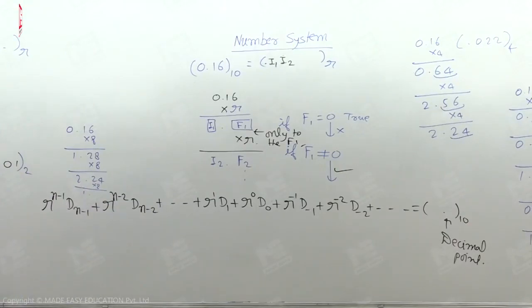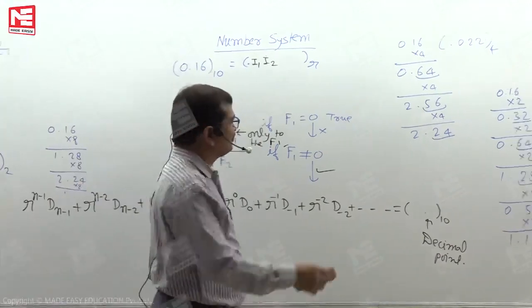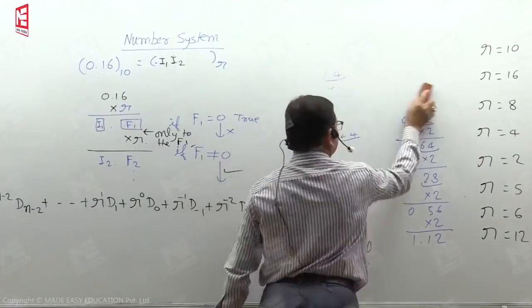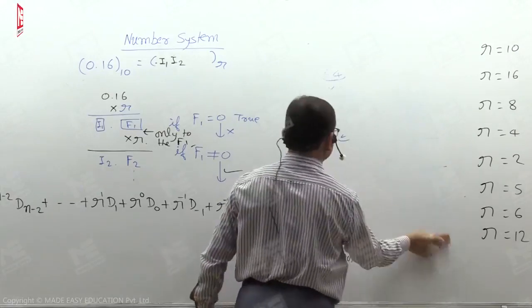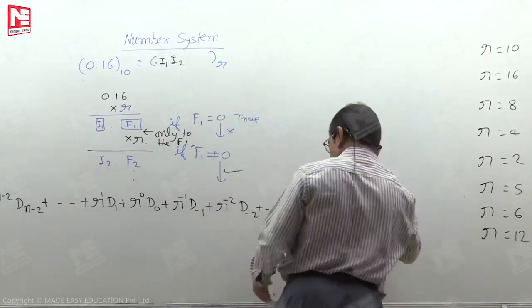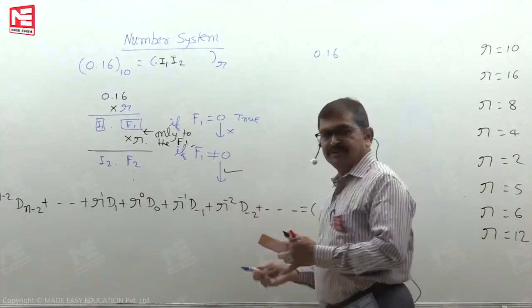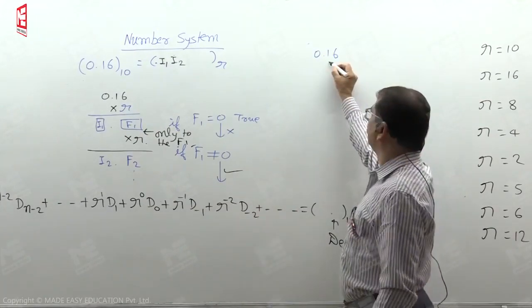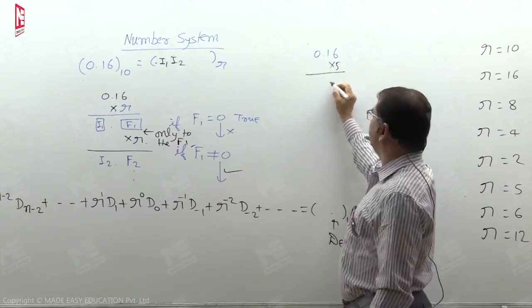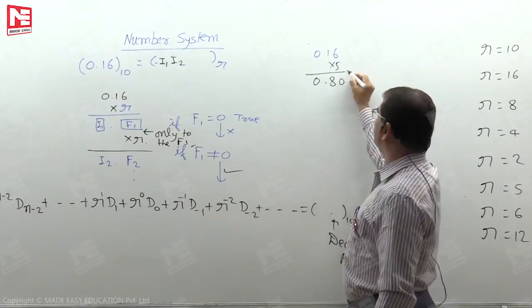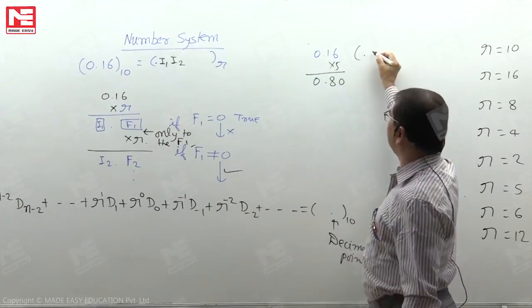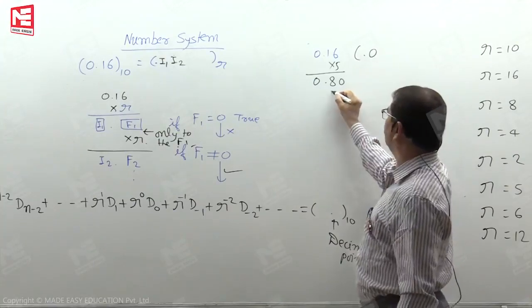Let us try similarly for the equivalent radix 5 number. The number 0.16 must be multiplied with 5. So this is 0.80. After the radix point, the first digit is 0.